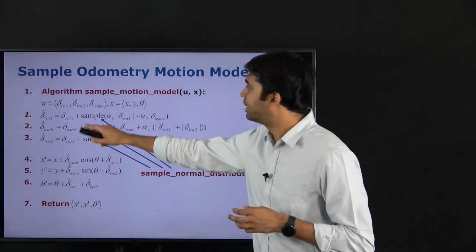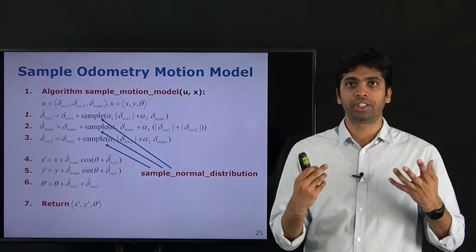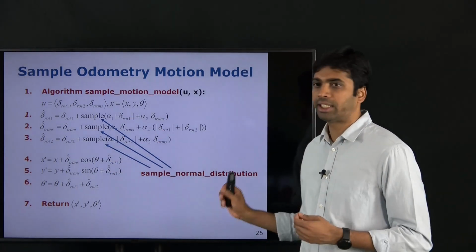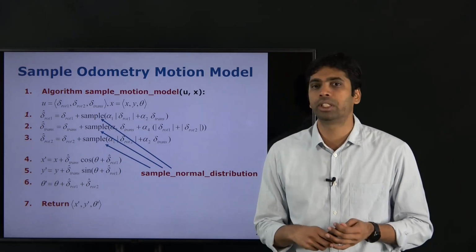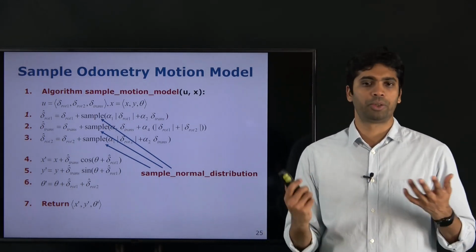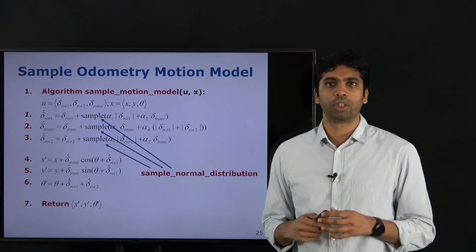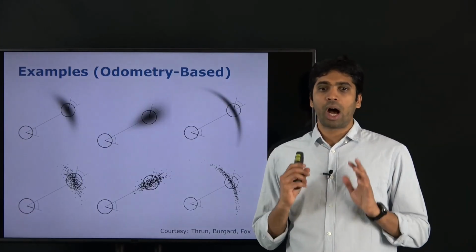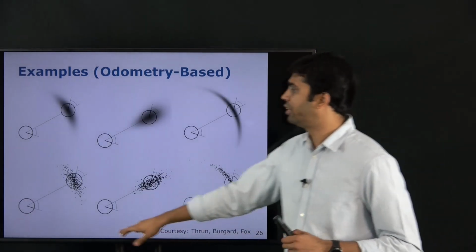In this case, this sampling could be from different distributions. It could be from a normal distribution, as it says here, or a triangular distribution, or some other fancy distribution if you come up with one which describes your motion well. How this looks in the end is what we see at the bottom here.